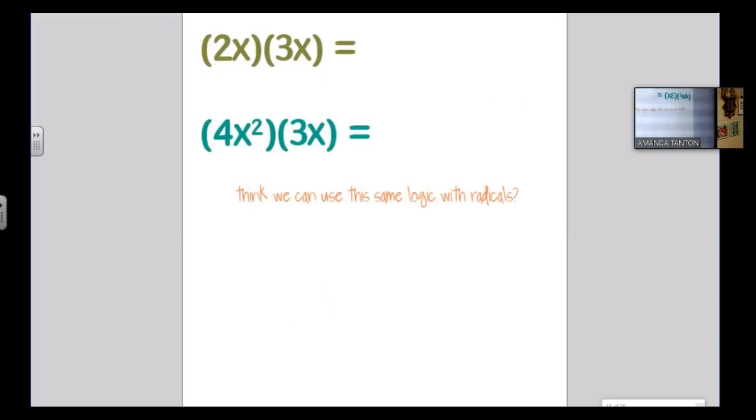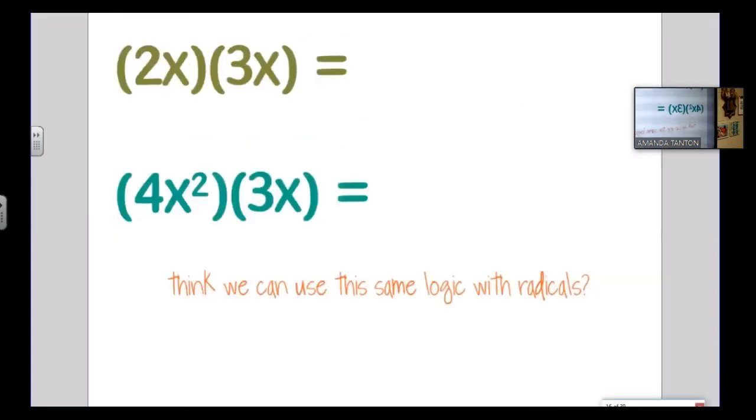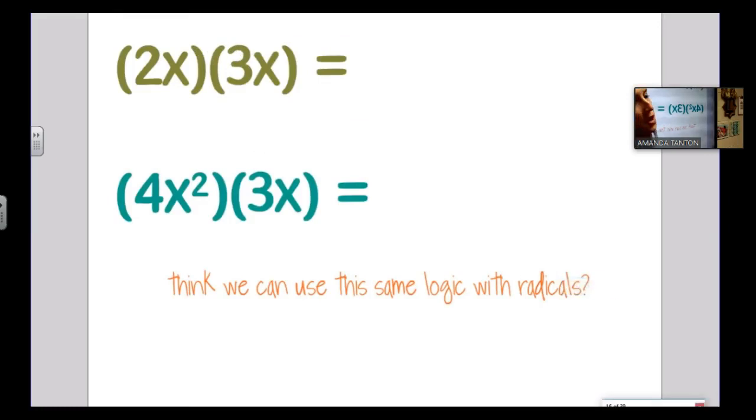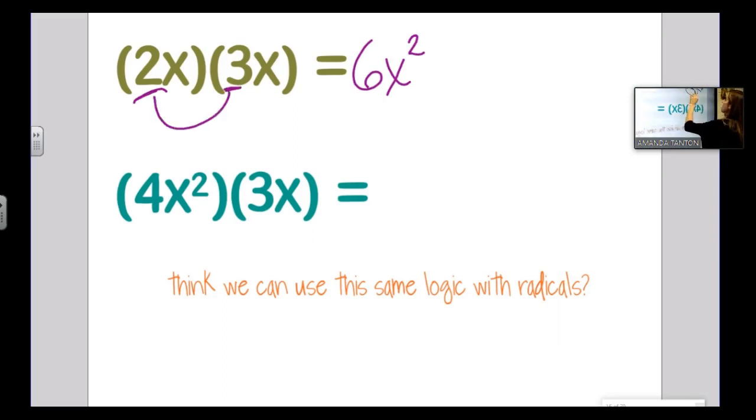Okay, so multiplying and dividing, when in doubt, think back, what would I do if these were x's? So what's 2x times 3x? 6 x squared. Okay, so notice we multiplied 2 times 3, but we didn't ignore this like adding and subtracting.